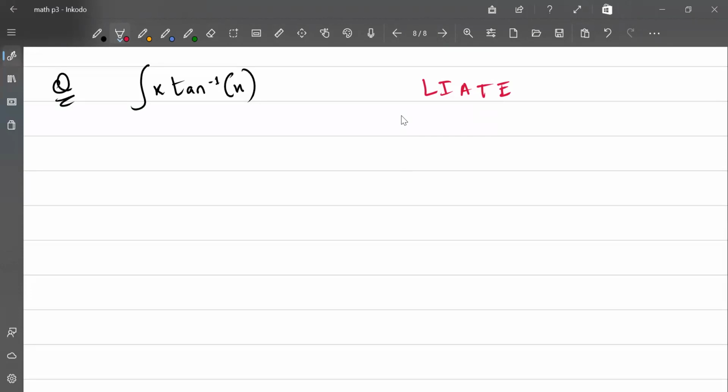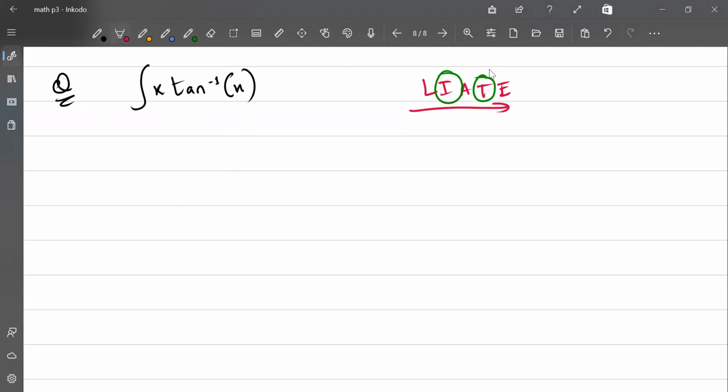Now notice that the first term appearing in the LIATE order is an inverse function. Sorry, the first term appearing is v, and the next term appearing is u dash.